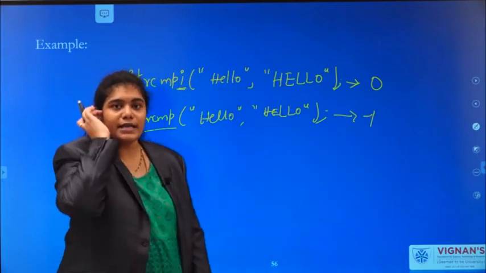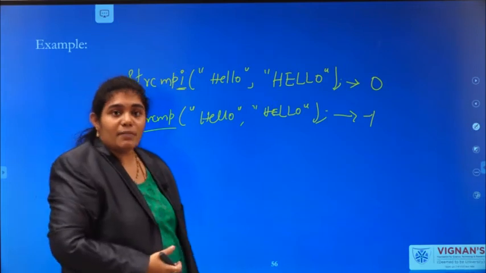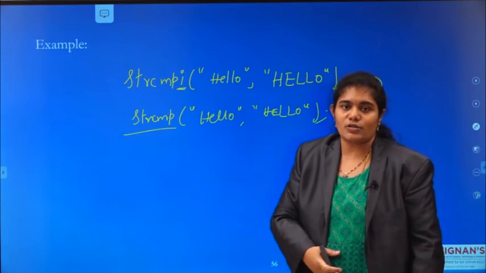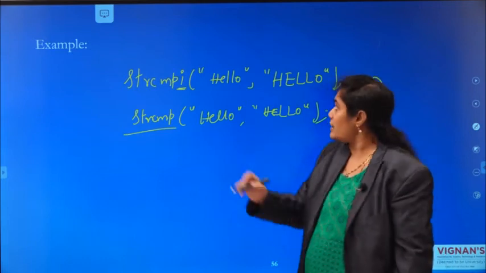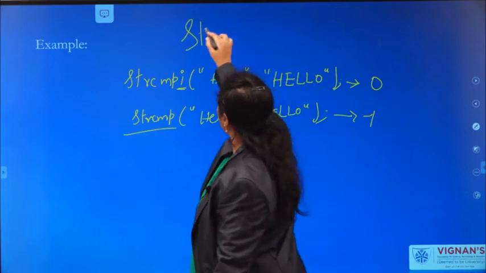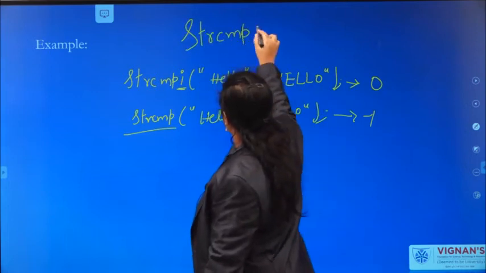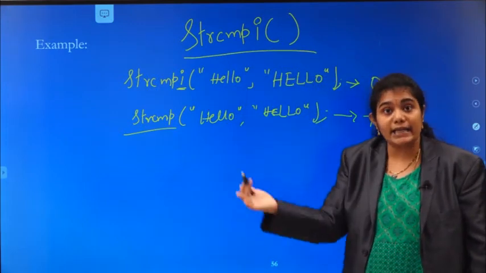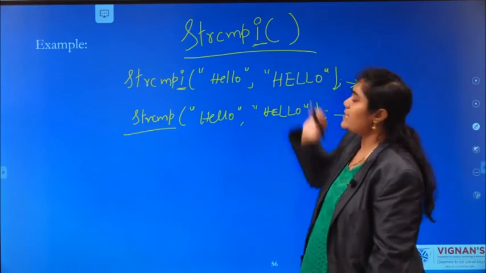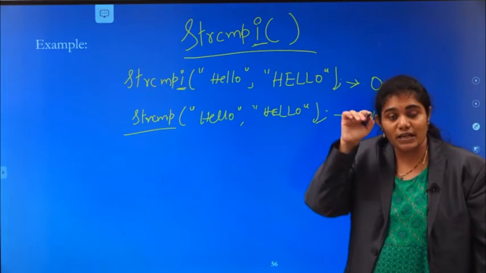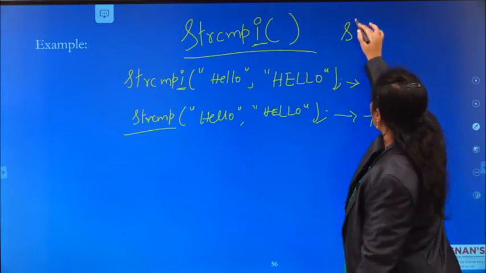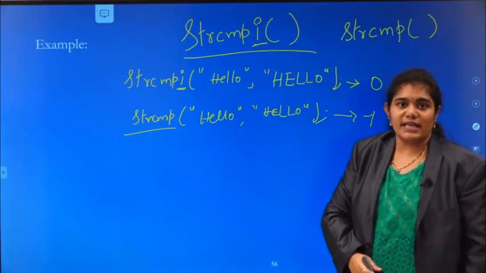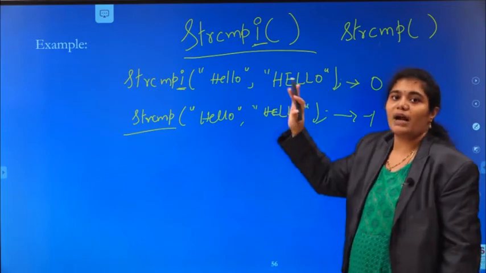This is the way you can compare your strings, either considering the case or without considering the case. If you want to neglect the case, you have to use strcmpi. If you want to consider the case also, you have to use strcmp, right? So this is the way you can compare two strings.